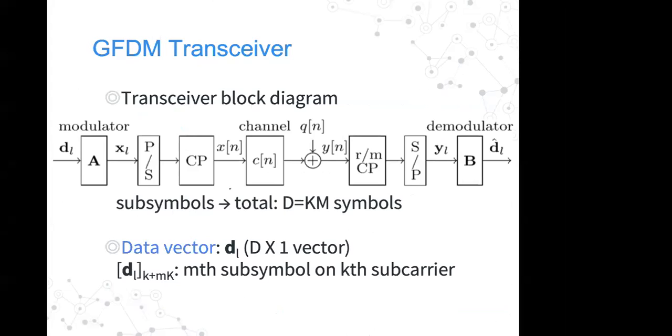And this D involves the subsymbol notation: the mth subsymbol onto the kth subcarrier I am transmitting. So the total data symbols are actually K into M data symbols. K is my subcarrier index and M is my subsymbol index. I'll show you in another diagram how it exactly looks.